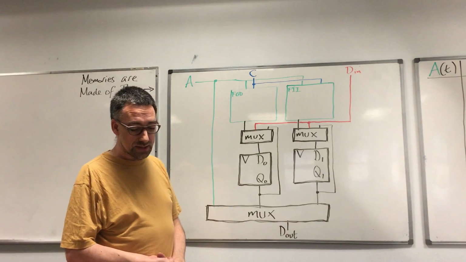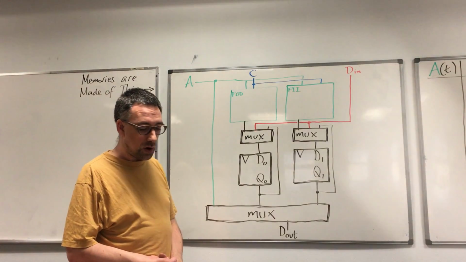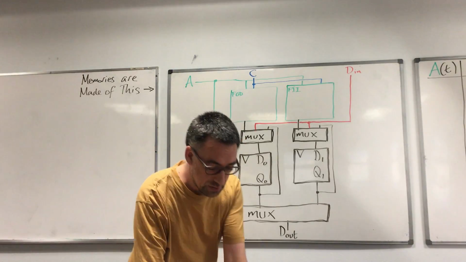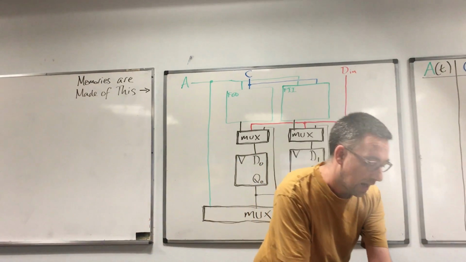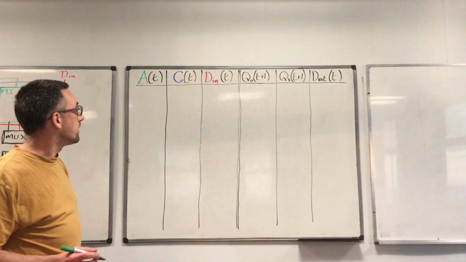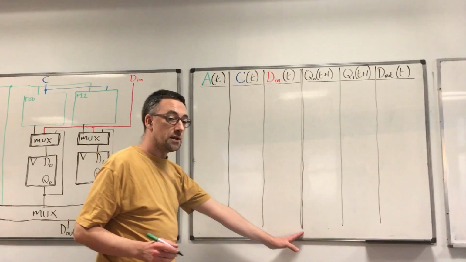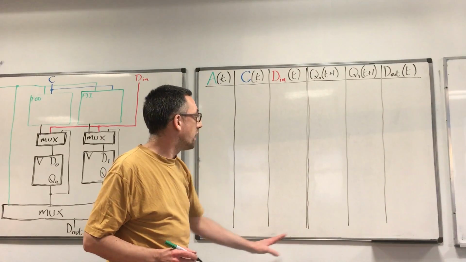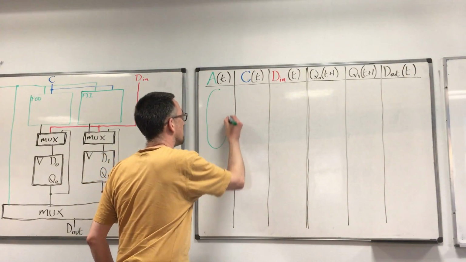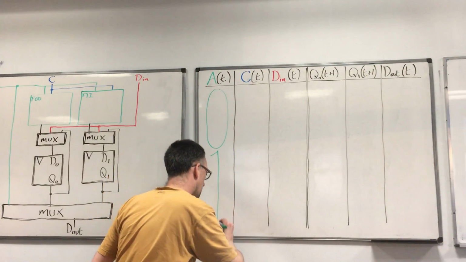So we're now asked to explain what the behavior of this circuit ought to be. And we do that by writing a characteristic table. As ever, we tabulate the possible binary values of the inputs. So the address is either 0 or 1.